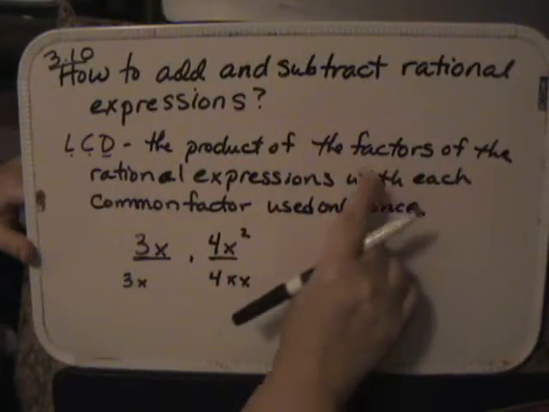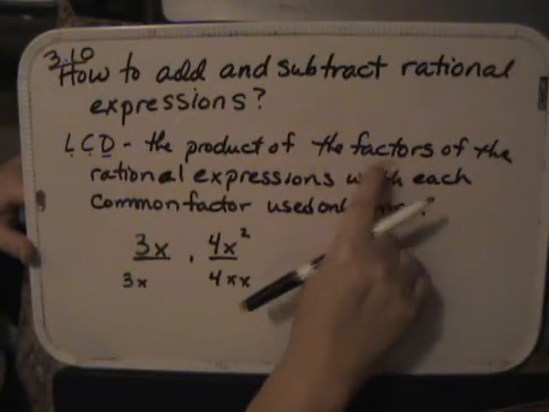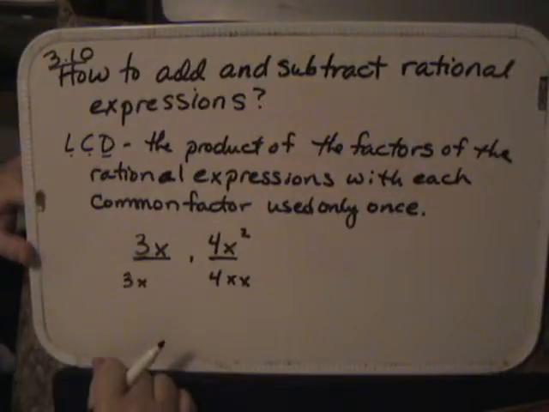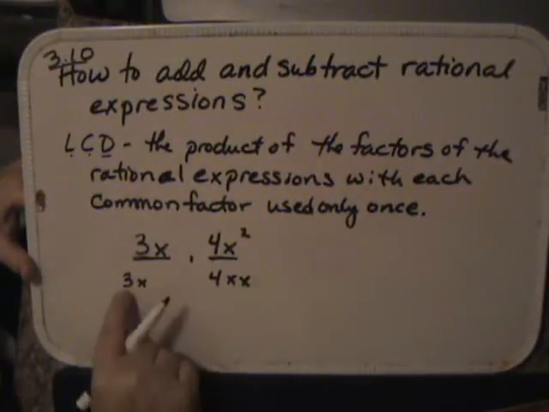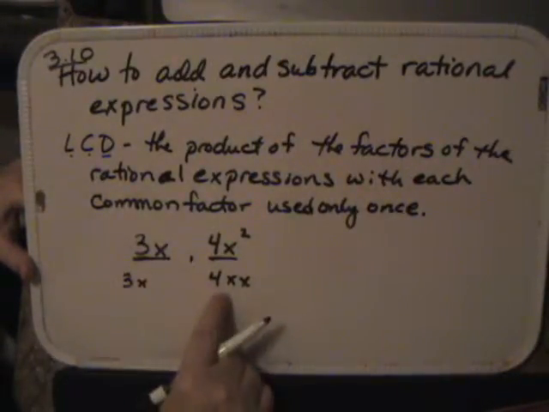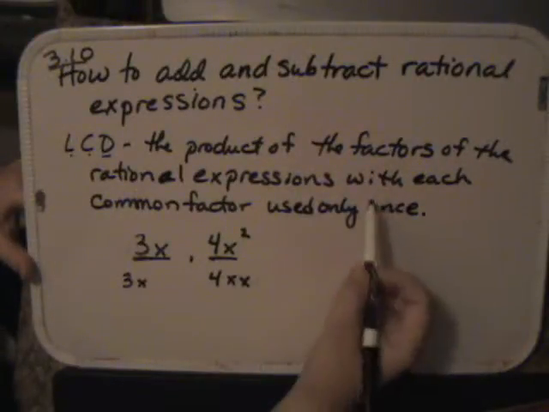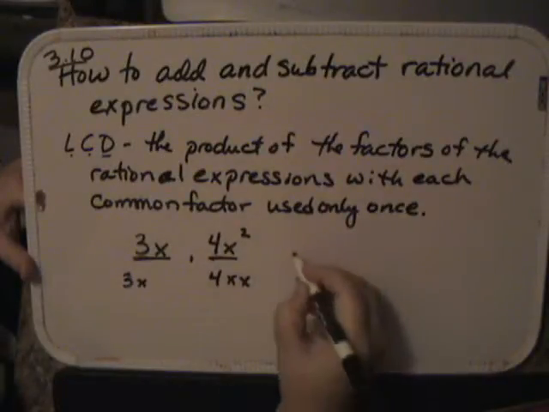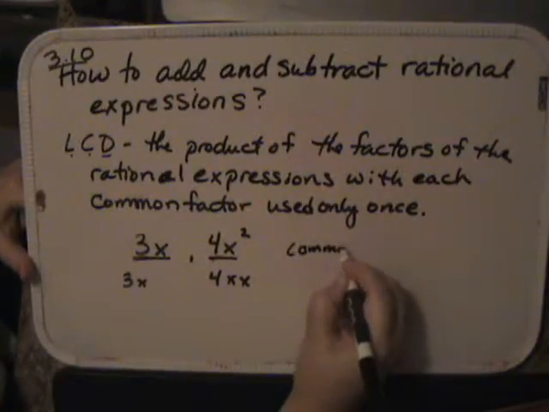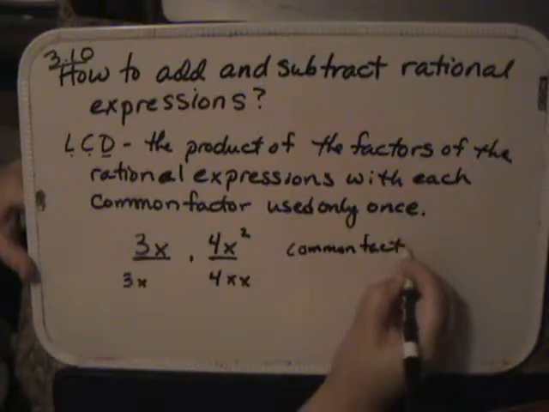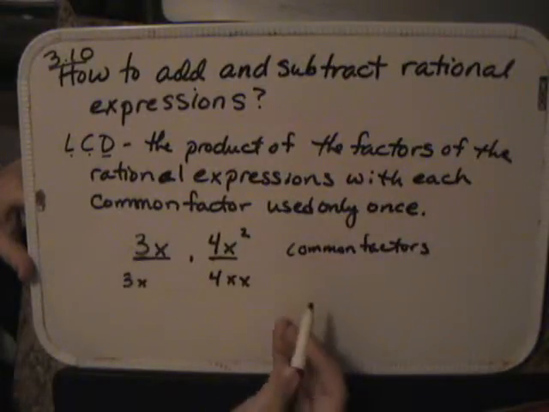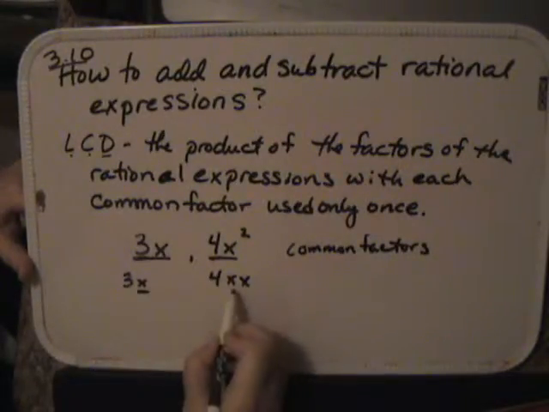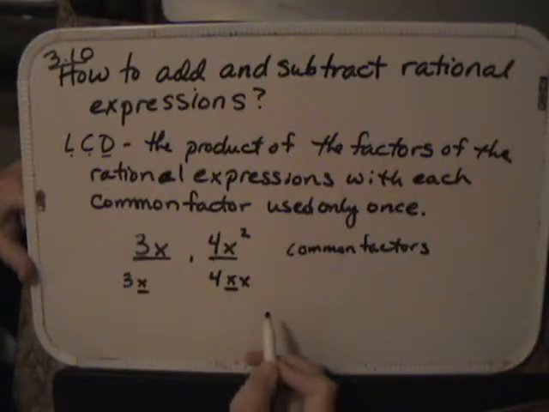Now, it's the product of the factors of the rational expressions, so we could combine all of this together in order to find the LCD. But it says with each common factor used only once. So we look at common factors, which are the ones that they both have. The common factors between these two is this one has an x and this one has an x.